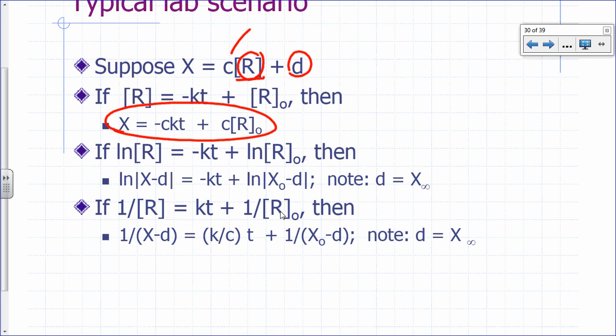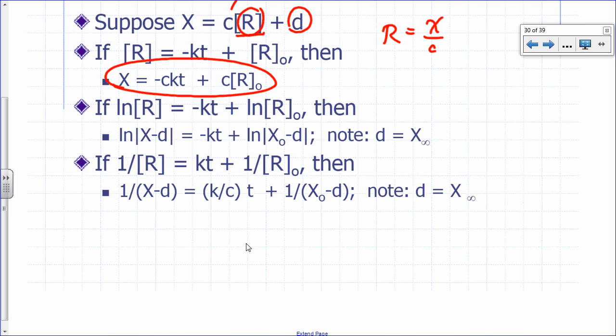If you substitute R is equal to X minus D over C, what do you get? You say R equals negative KT plus R naught.